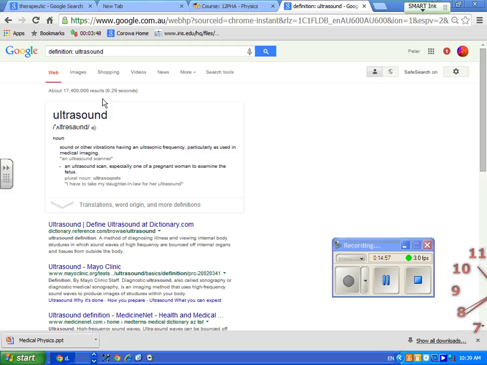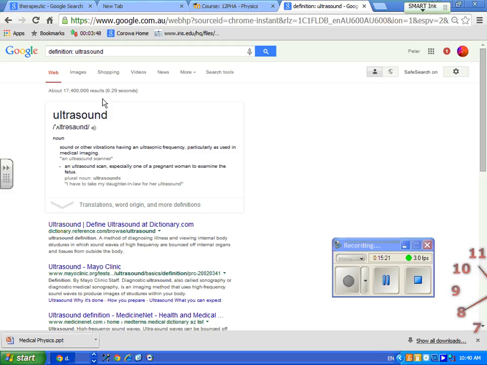Now the thing about ultrasound, it's above human hearing range, right? So we use these high frequency sound waves to detect or diagnose what's going on inside the body. The thing about it is that it's largely recognised as being A, totally non-invasive, and B, totally non-harmful.